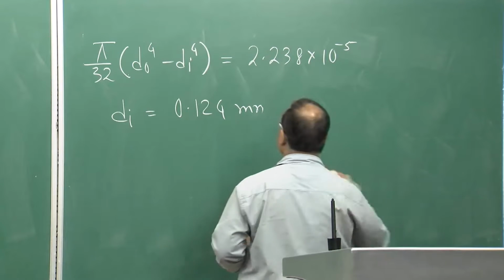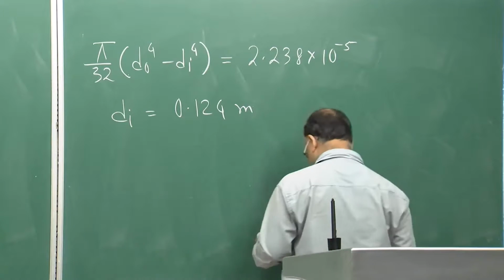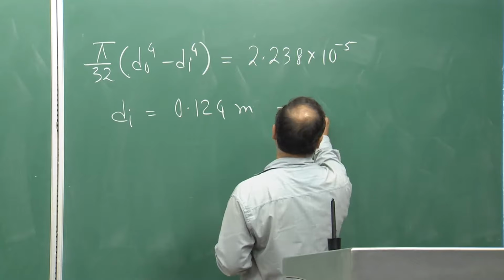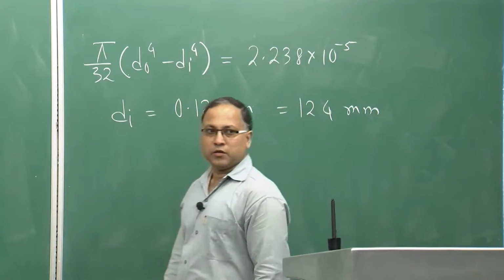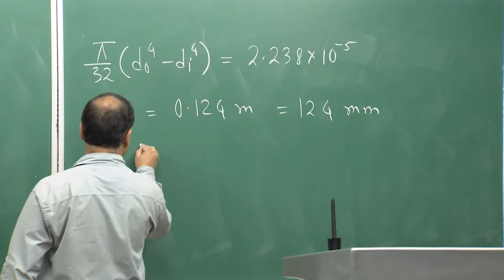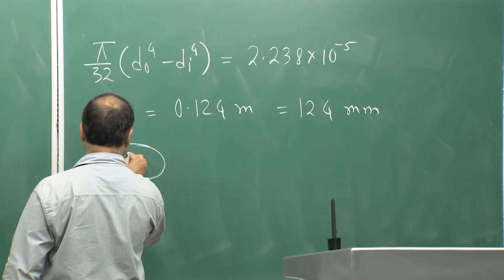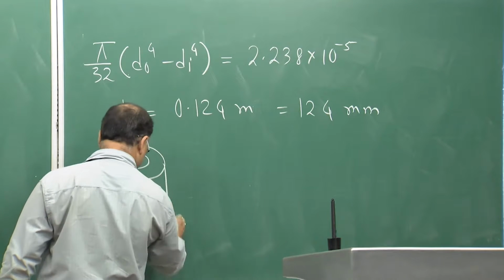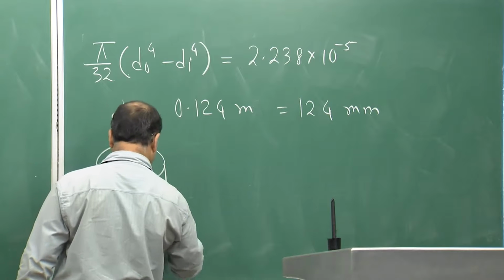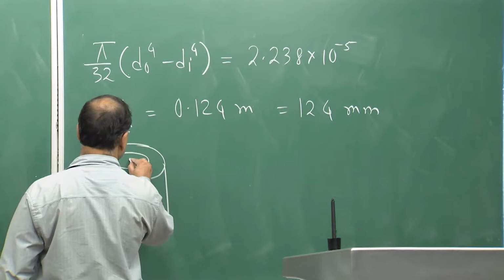meter, and that is nothing but 124 millimeter. So you need a hollow circular shaft to satisfy the conditions.